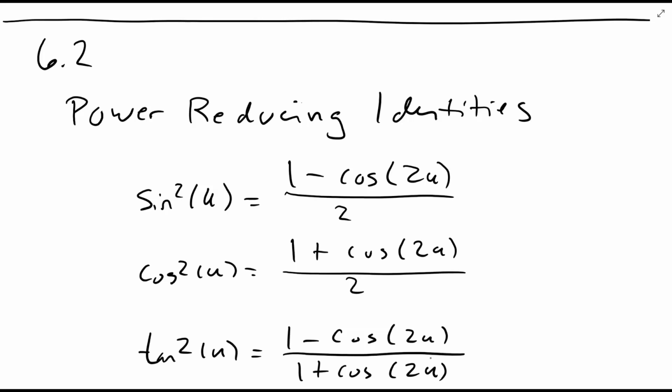How do you suppose I would derive sine squared of u equals 1 minus cosine 2u over 2? How would I get that one? The first one is quite easy, it turns out.